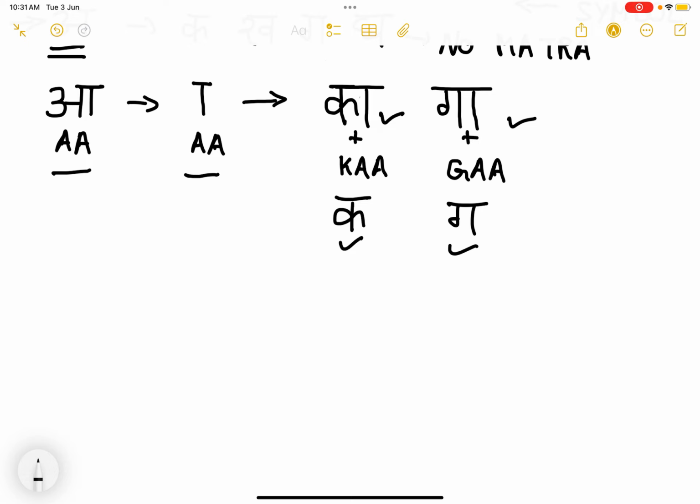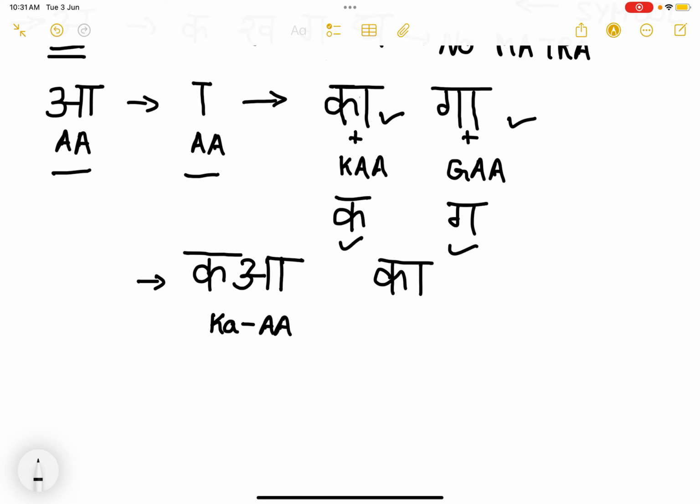But then some students ask me, what if you wrote the letter ka, and next to it I write the vowel aa itself, a letter? Let's compare it to ka with the straight line matra. What is the difference in the pronunciation of these two? If I'm reading out this word, it will sound like ka aa. I'm reading ka and aa separately.